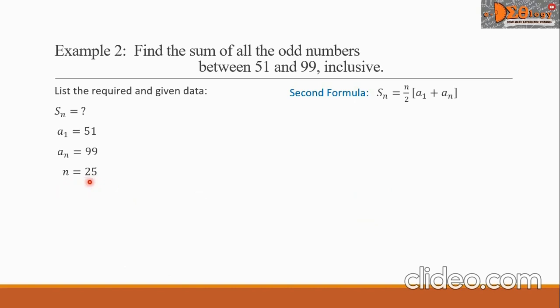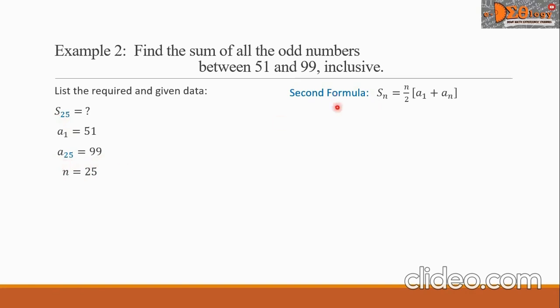Now, we can now solve for our s sub n. By the way, this n here as 25, we can now change the s with the subscript 25. Also, the a sub n becomes a sub 25, and this 99 is the 25th term of the sequence.